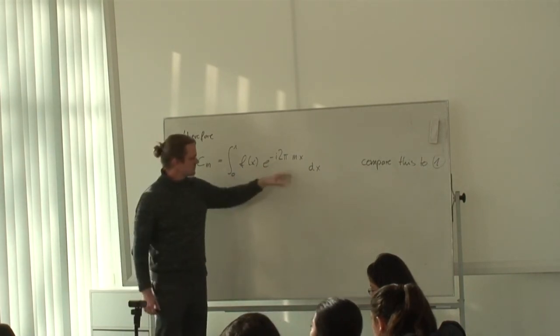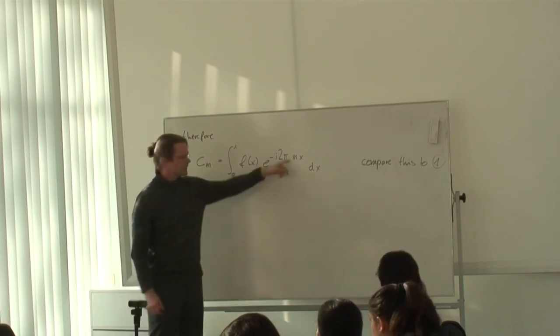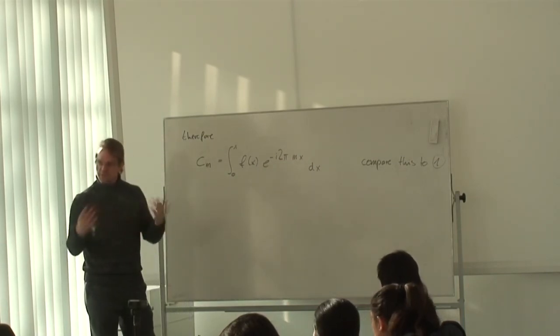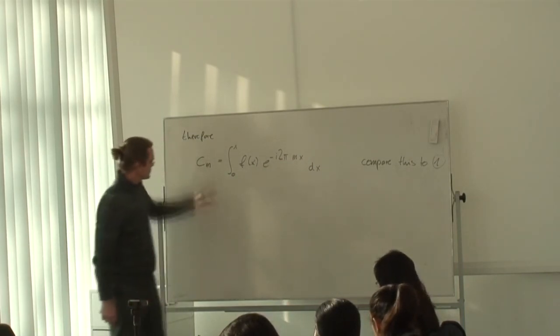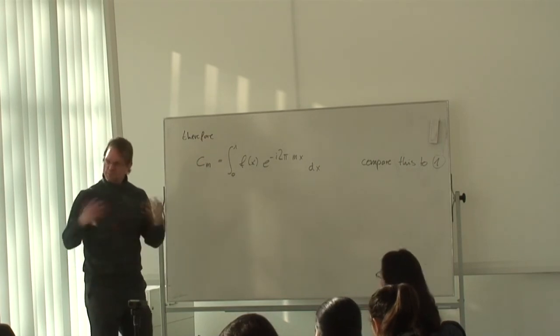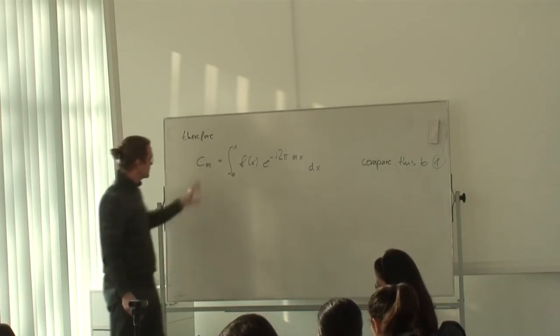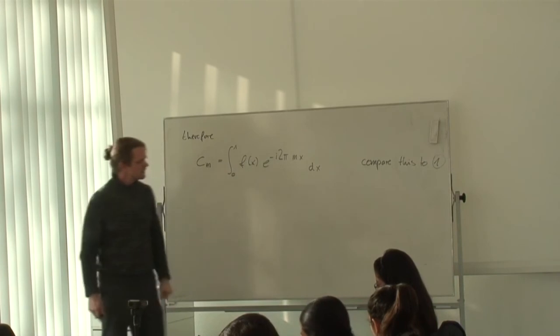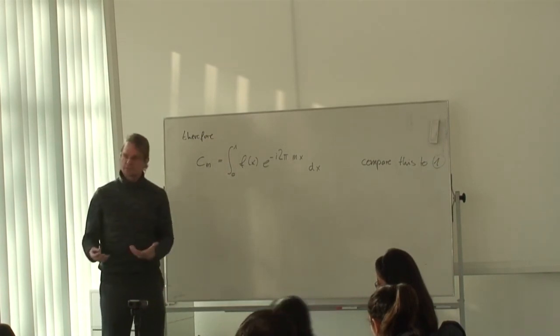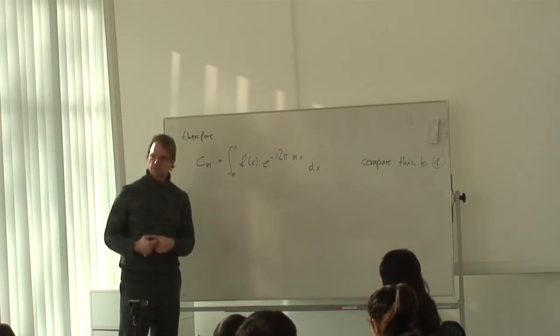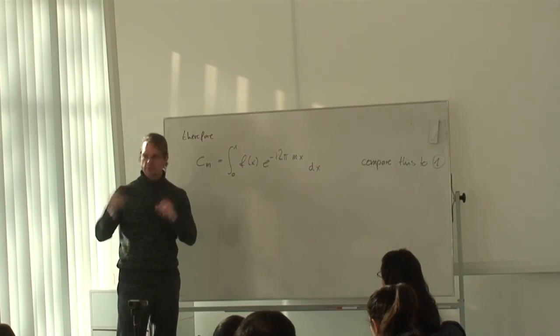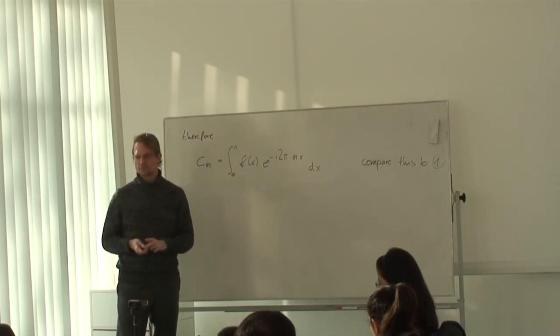There was not really an m there, but something else. And there was also 1 over 2 pi in front of it, but it's not there yet. But basically, this is eerily reminiscent of what I told you is the Fourier transform of a function.